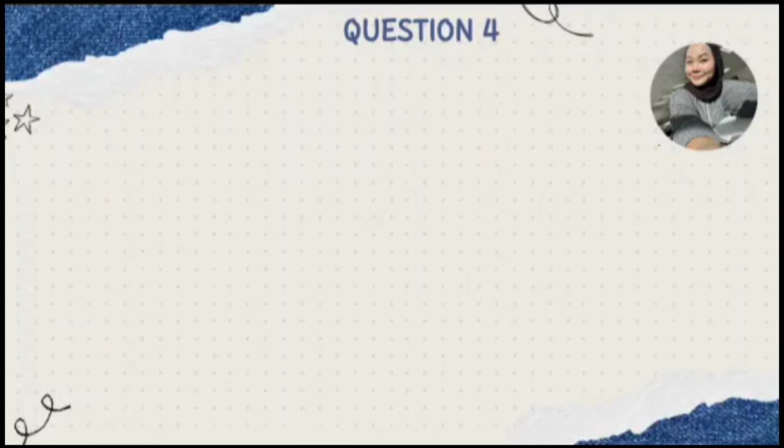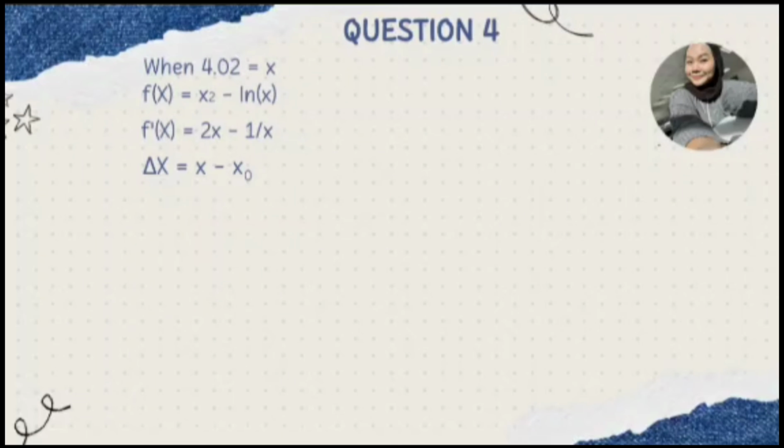Okay, now we move to the last question. At first, we need to apply 4.02 as x. So it will be f(x) equals x power of 2 minus ln x. And then we differentiate it and it will become f prime x equals 2x minus 1 over x. For the next step, we want to find delta x, so we subtract x naught from x.